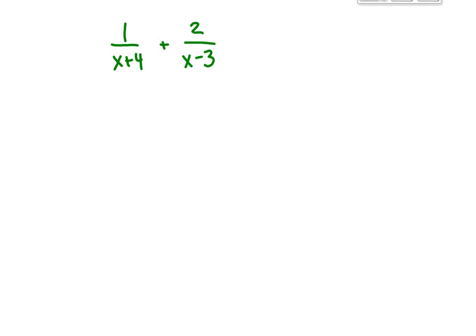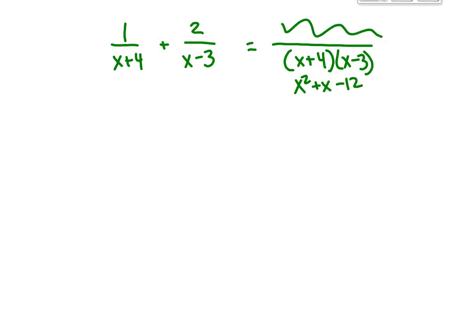Well, you had to get a common denominator of x plus 4 times x minus 3, multiply by things to make that common denominator that were equal to 1, and so forth. And then you got something, with x plus 4 and x minus 3 on the bottom, which is x squared plus x minus 12, and whatever it turned out to be on the top.